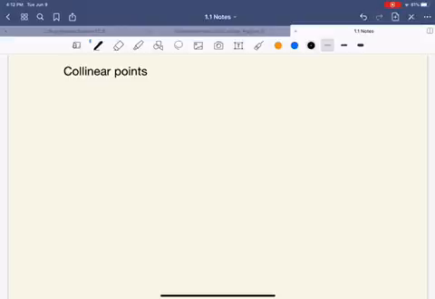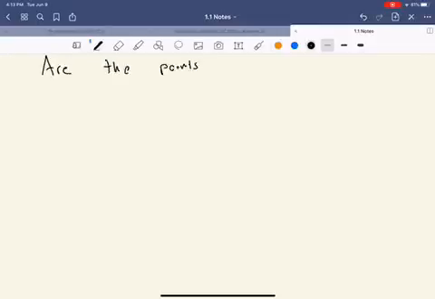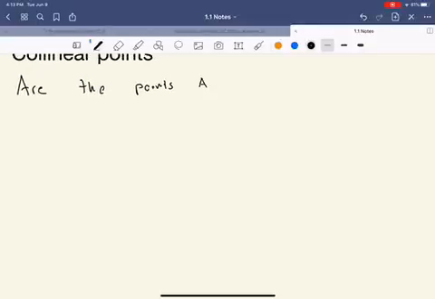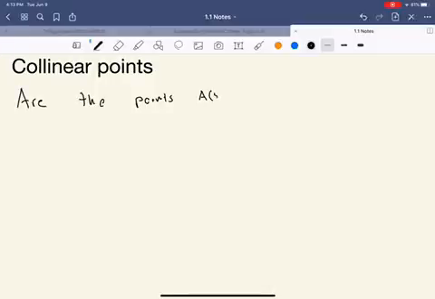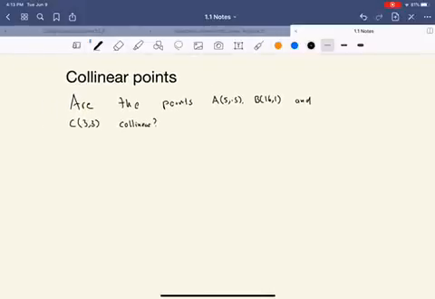The question asks, are the points A given by (5, -5), B given by (16, 1), and C given by (3, 3) collinear? Okay, so let's go ahead and decide.